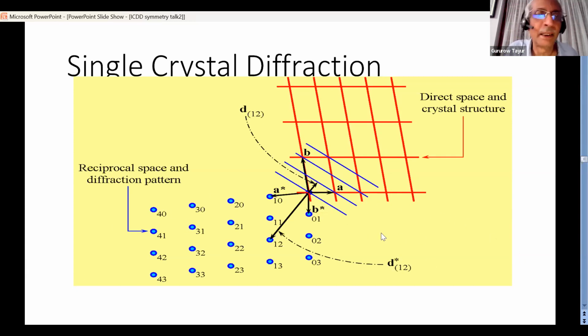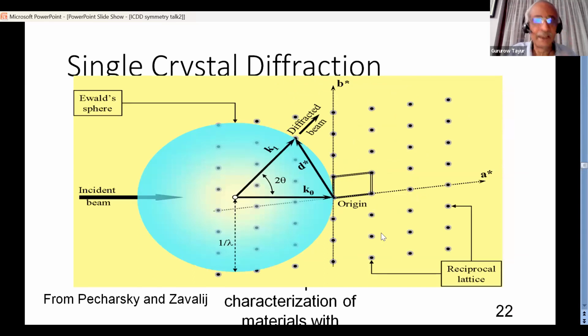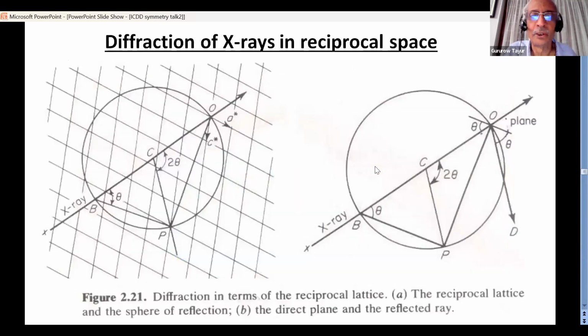The relationship between the reciprocal space and the direct space is evaluated in terms of what we call the Ewald sphere construction. I will go through that very quickly. If this is the direction of the X-ray beam, and the background now represents the reciprocal lattice, we take this point as the origin of the reciprocal lattice. We have the direct beam going like that, and this is called the Ewald sphere. Whenever the Ewald sphere cuts a reciprocal lattice point, we get diffraction. The Ewald sphere radius is 1 divided by lambda, because we have 2d sine theta is lambda.